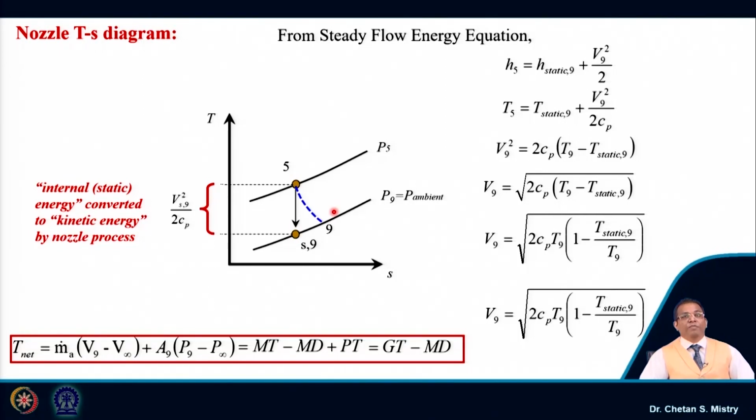If we recall, the thrust generated by the engine is given by this formula. In order to calculate that thrust, we must know our exit pressure and our exit velocity. So, now the target is to calculate our exit velocity. We take our configuration here and use the steady flow energy equation at state 5 and state 9. If we analyze this case, we get our exit velocity, which is given in terms of this ratio.